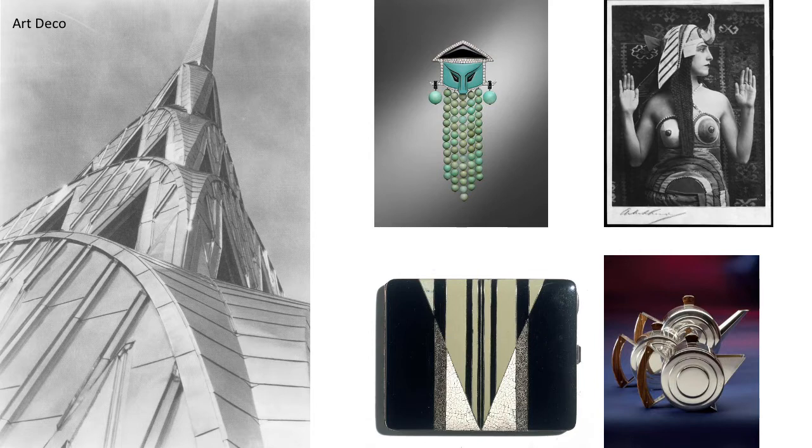We see that again in the teapots in the bottom right, and of course in the outfit on the actress in the upper right. A repetition of lines of stepping also occurs in this little wallet, probably a card case or a cigarette case that we see on the bottom. And we see it in the stylization of the spire on the top of the Empire State Building.